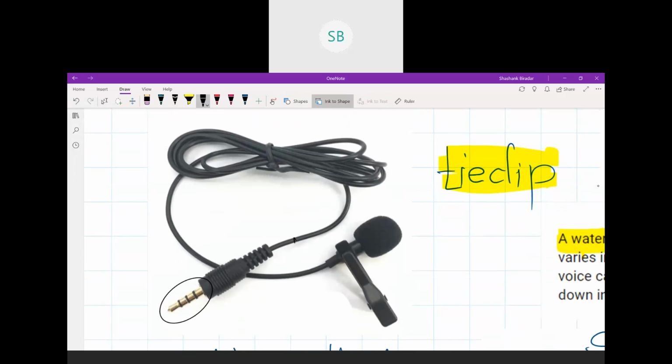And there is a system which wirelessly transfers your audio signals to the public address system for further amplification and so on. The third category, wireless microphone, we have seen earlier in yesterday's lecture. The fourth one is the noise cancelling microphone.